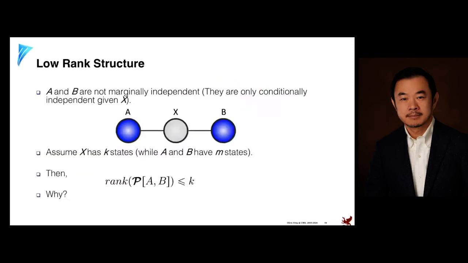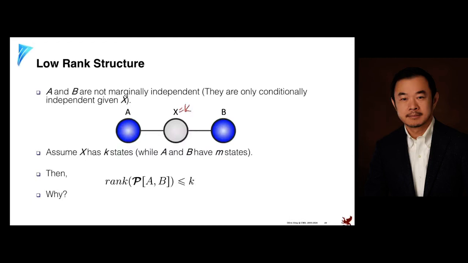So for a low rank joint probability of A and B, you need to introduce some extra ingredients to augment the graphical model. In fact, that gives you an extra degree of expressivity. For example, here I can introduce a latent variable which can have k states.